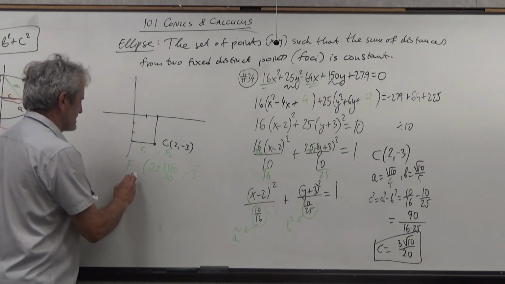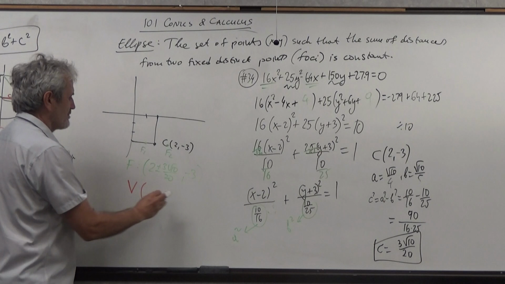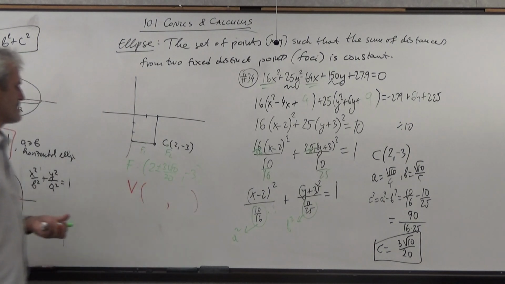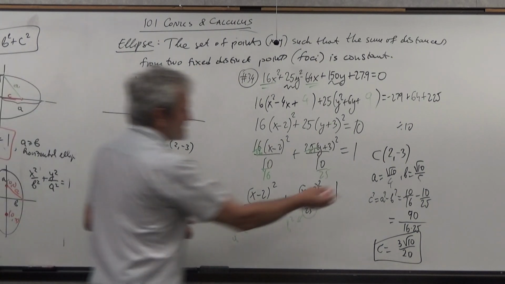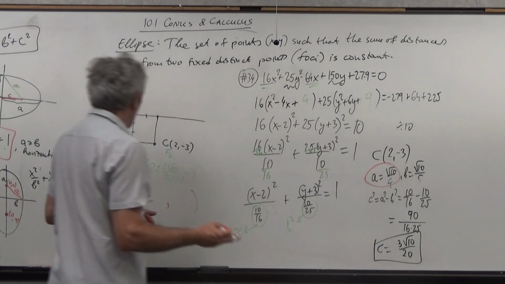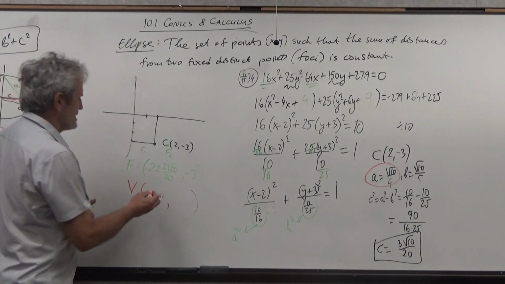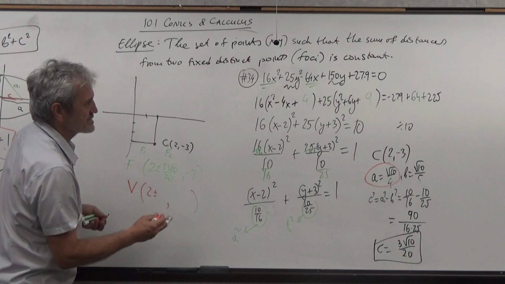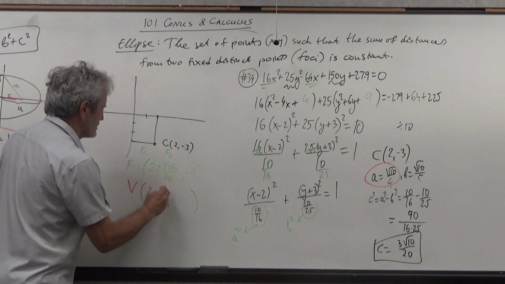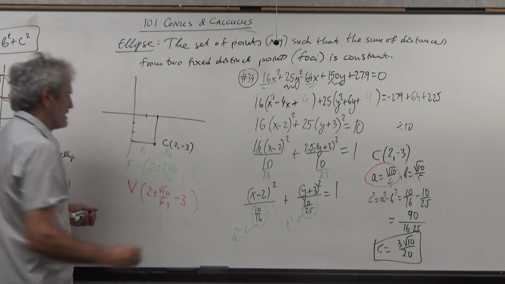What would be the vertices? So vertices are, where would that be? A is root 10 over 4. So vertices would be at the same shift, I mean, in the same direction, but just a different one. 2 plus or minus root 10 over 4 and negative 3.